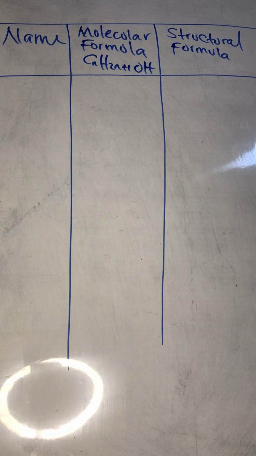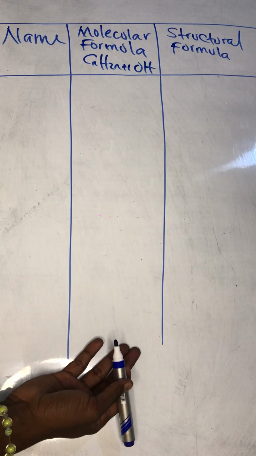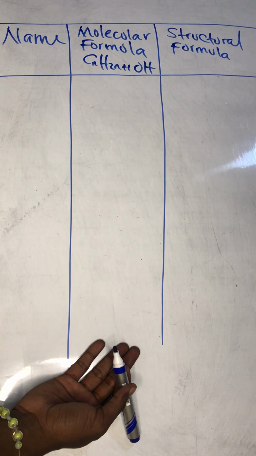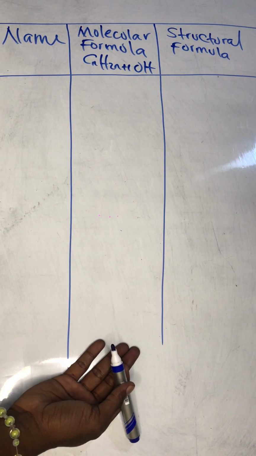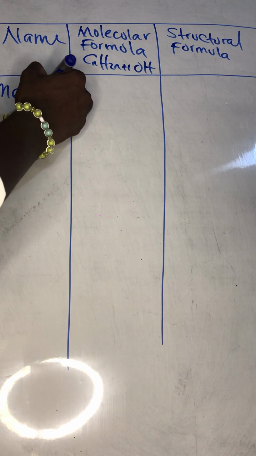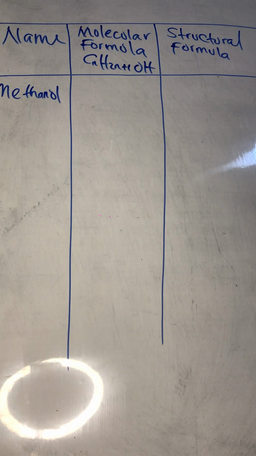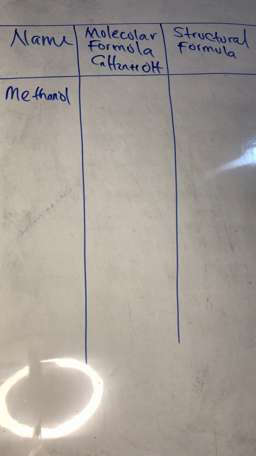So let's start. Remember, the name of the first member is methanol. Methanol is the first member of the alcohols, or the alkanols.